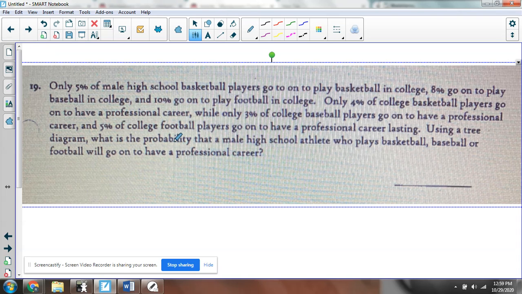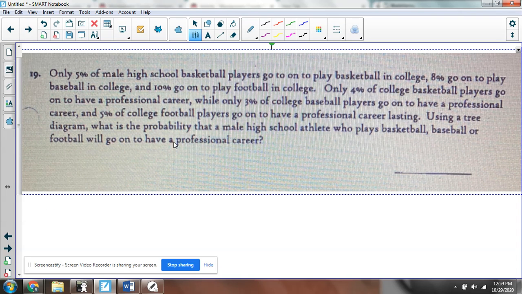Only 5% of male high school basketball players go on to play basketball in college. 8% go on to play basketball in college. I said, what is that? That doesn't make any sense. Oh, baseball. My fault.